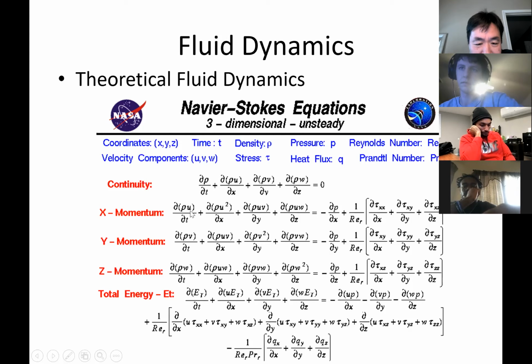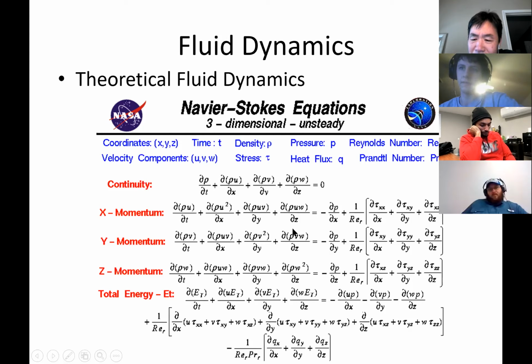So what are the variables? The dependent variables are U, V, W. You know what U, V, W are? They are the velocity components, the three components of velocity. So it's 3D: you have U, V, W, you have X, Y, and Z, three-dimensional. You have the time dimension, which is unsteady.